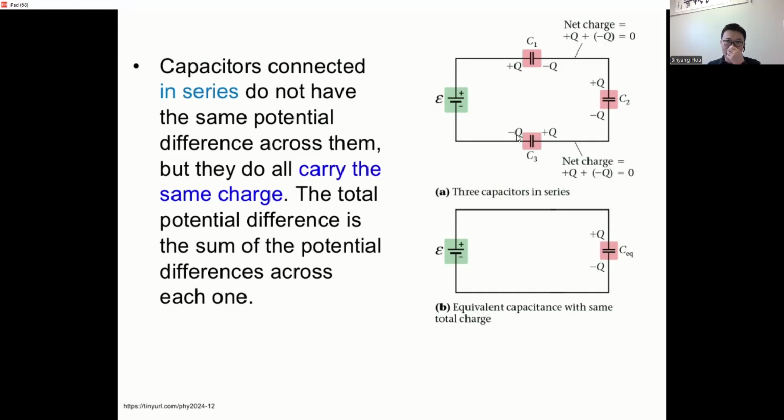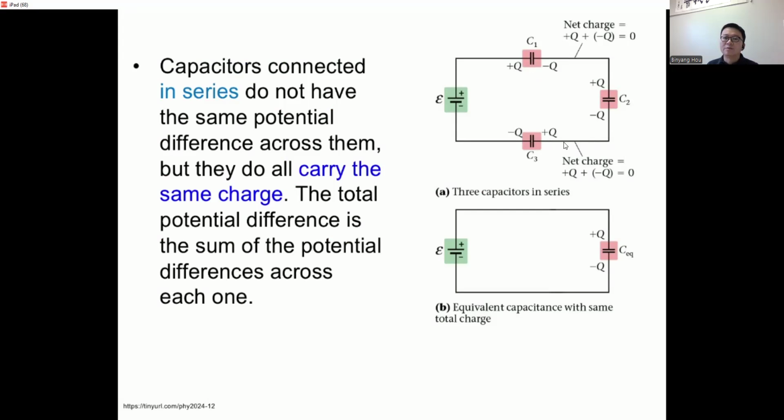So this guy will get minus Q. And because there's plus Q here, on the other side, this will be minus Q. And if you have minus Q here, this will be plus Q because there's no charge going through the plate. They are separated. Okay, so on this wire, if you get minus Q on this guy, this will be positive Q. And then the same here, this guy gets minus Q, this guy gets positive Q.